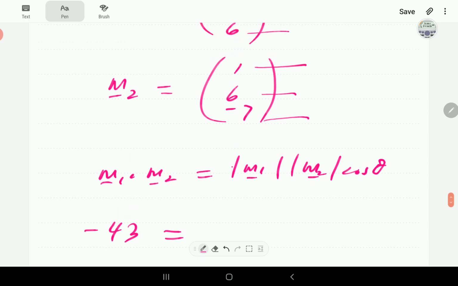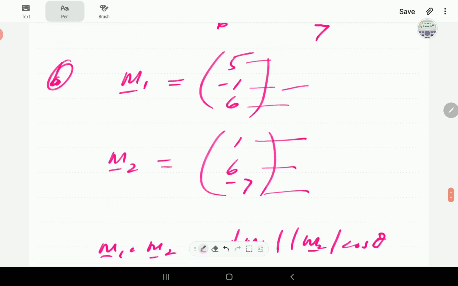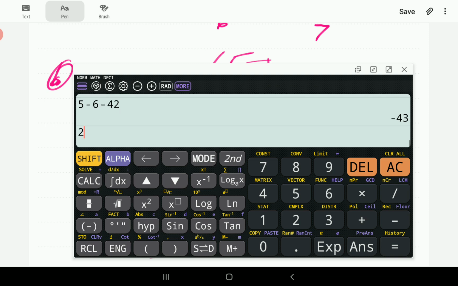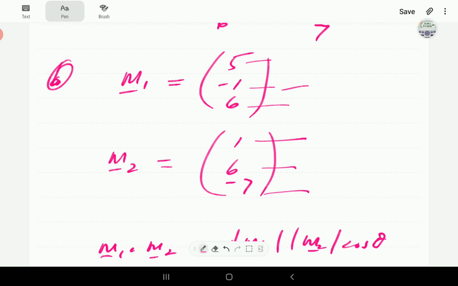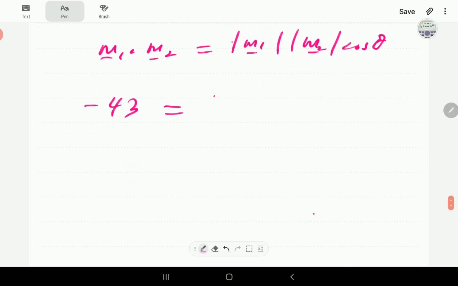The magnitude of m1 is going to be 5 squared, which is 25, plus 1, plus 36, which is 62. So we want the square root of that.